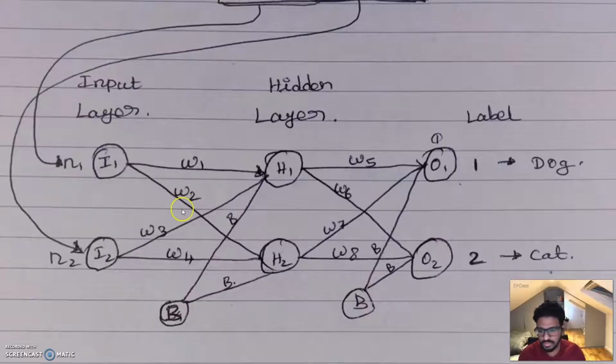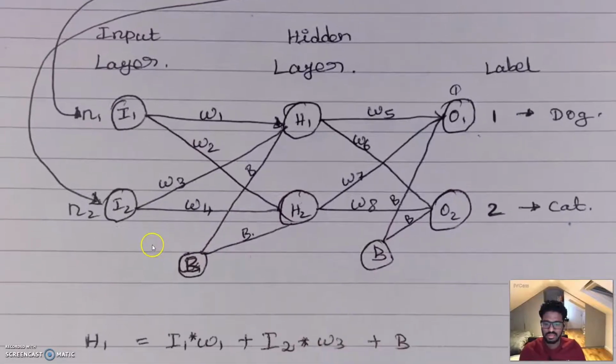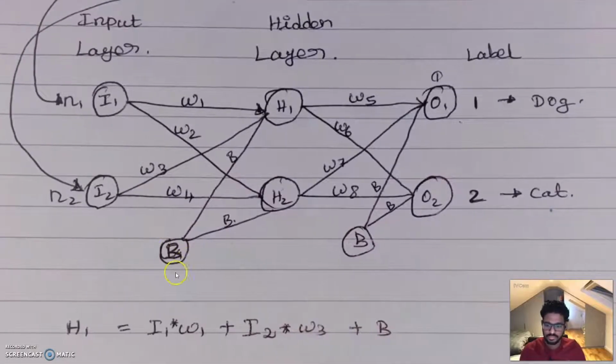So here the weight is W1, and I1 to H2 is W2, and here I2 to H1 is W3 and W4, and then the biases are just coming from the B neuron. So all these values are calculated as follows.